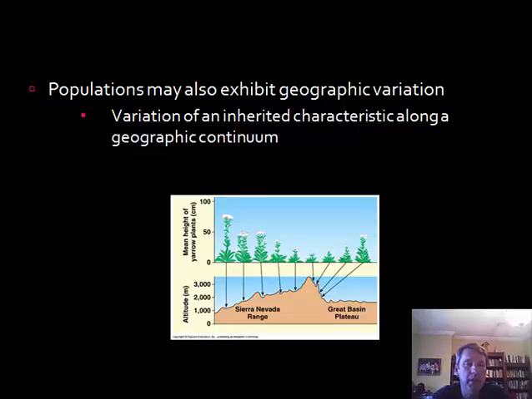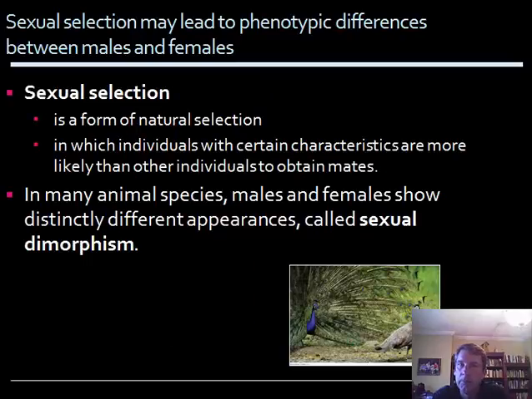We see variation within the sexes. This is called sexual selection between males and females, and also called sexual dimorphism. And so we'll see this where often the males and females show very distinctive differences of appearances.